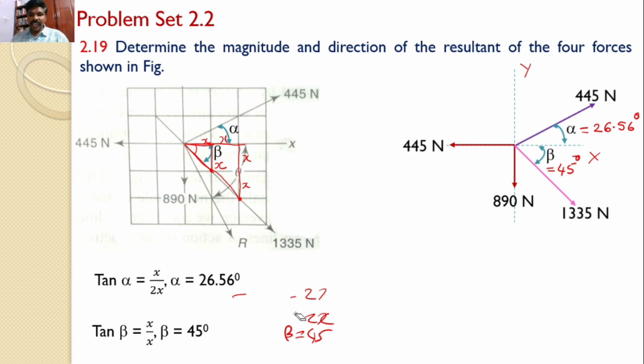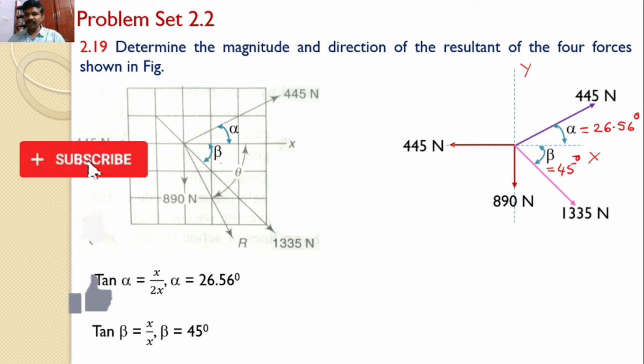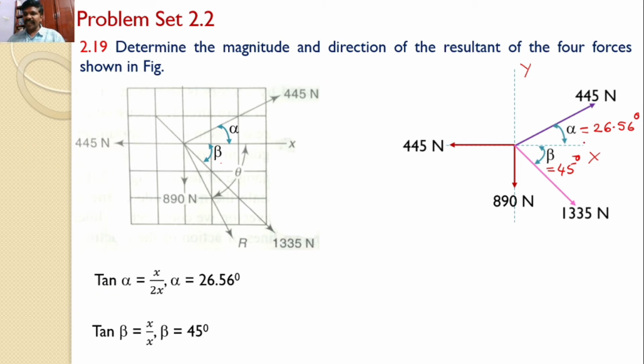Once you know the angles made by these forces with either the x-axis or the y-axis, resolve these forces along the x and y axes. This 890 newtons is along the y-axis, you need not resolve. This 445 newtons along the x-axis, you need not resolve. But this 445 newtons is inclined, making an angle of 26.56 degrees, so we want to resolve it.